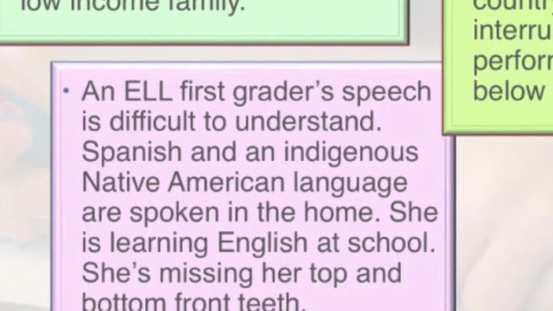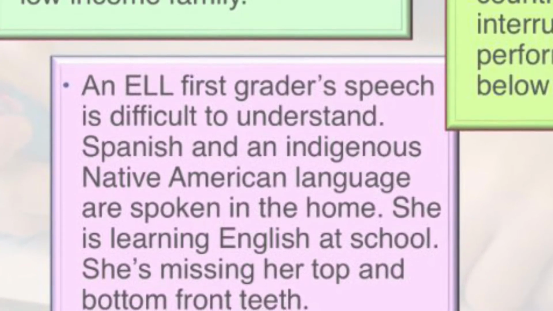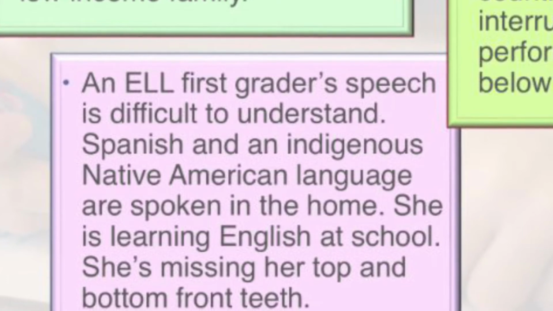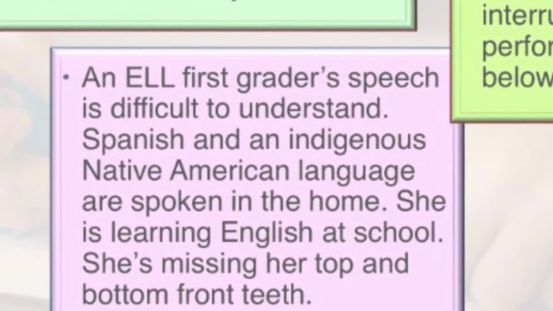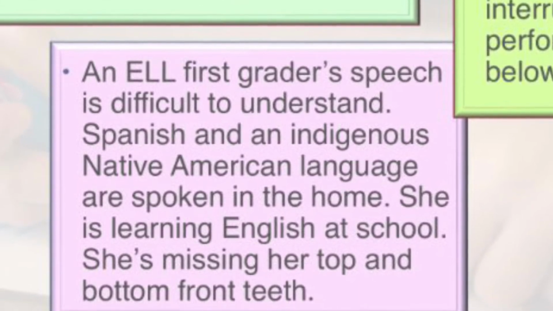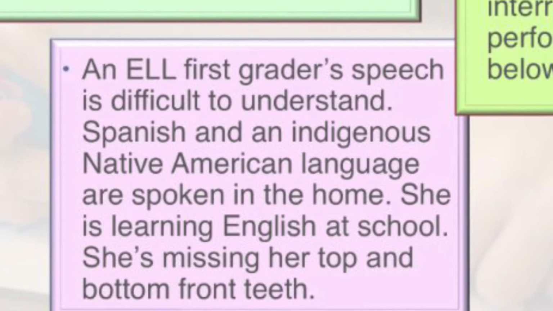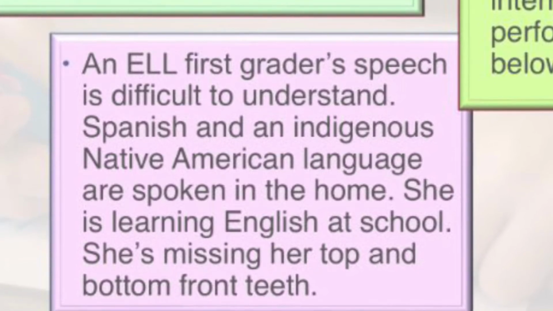Because she's trilingual at this point, we need to prove that she really has a disability and not a difference. So even if she's difficult to understand in English and possibly Spanish, how do we know she has that difficulty in her native indigenous language?